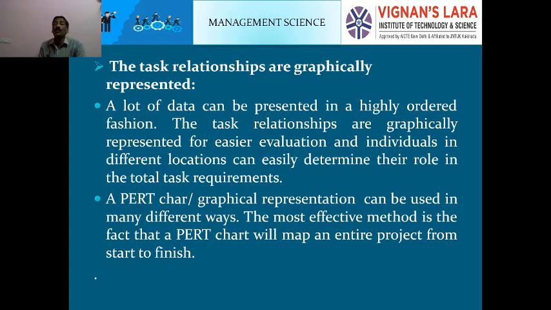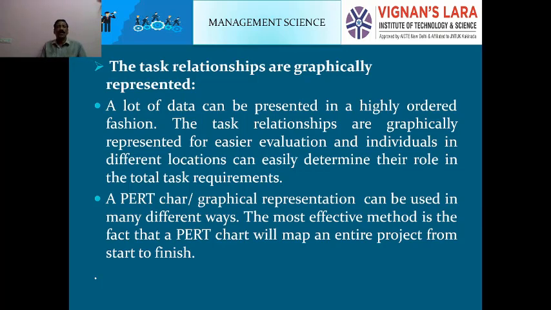It helps us analyze, that means easily identify the progress and the length of the task. A lot of data can be presented in a highly ordered fashion. Nowadays we use computerized designing of a network diagram. The task relationships are graphically represented for easier evaluation, and individuals in different locations can easily determine their role in the total task requirements.